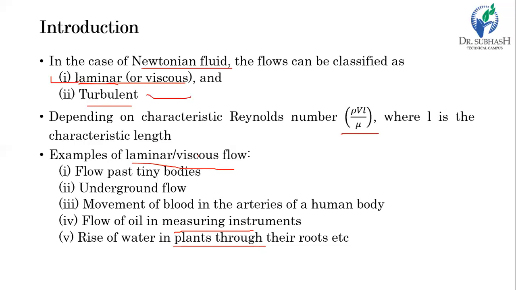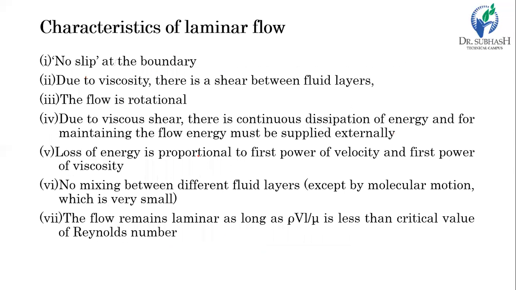Let's see the characteristics of laminar flow. There is no slip at the boundary, because the layer adjacent to the boundary, in close contact with it, has zero velocity. It is perfectly stuck to the boundary. Due to viscosity, there is shear stress between fluid layers. When fluid moves from one place to another, it moves layer by layer.